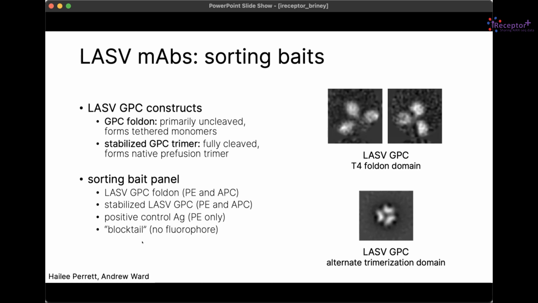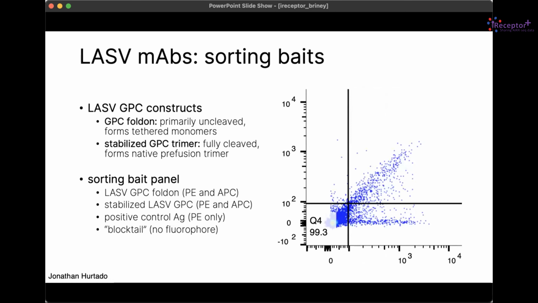And we also use what we call a blocktail, which is a cocktail of blocking reagents that allow us to recognize sticky or potentially non-specific cells that are binding to antigen, but also binding to our blocking reagents as well. Again, there's no fluorophore attached, but there is an antigen barcode, so we can detect them from the sequencing data. So here's an example of what one of these sorts would look like.